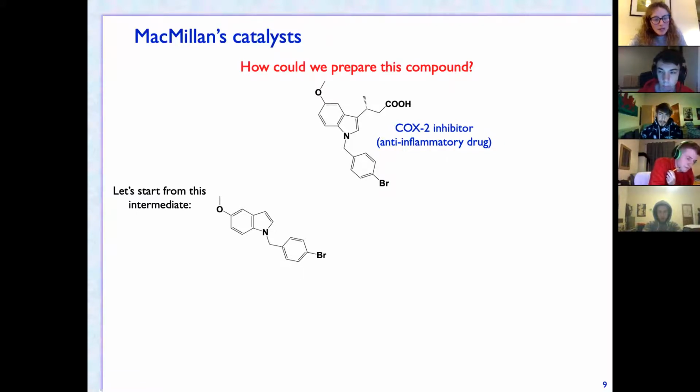Can you draw me the structure of the aldehyde we can use? And also, can you tell me which reaction we can perform to get this final product here? So this part we already have. We need to find something we can use to insert this part here.